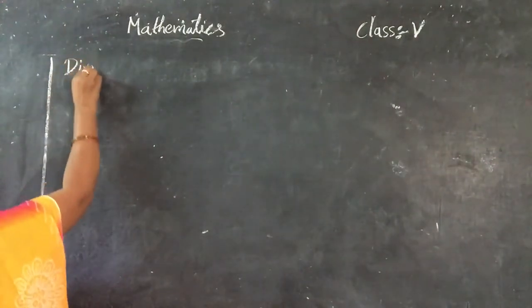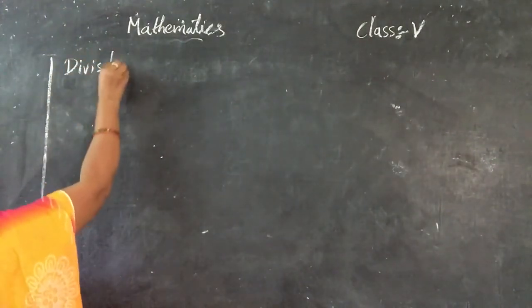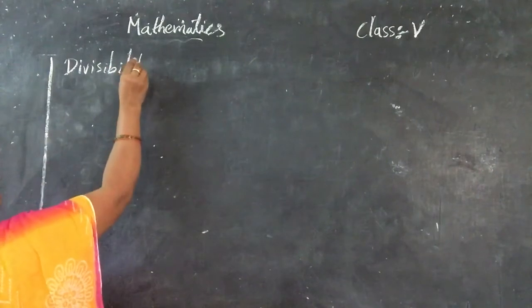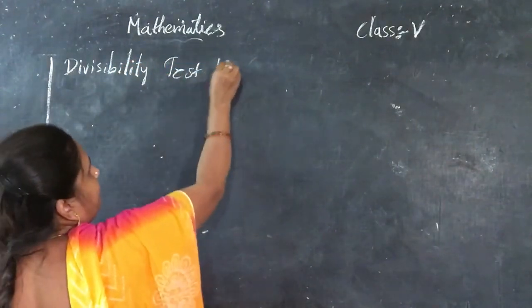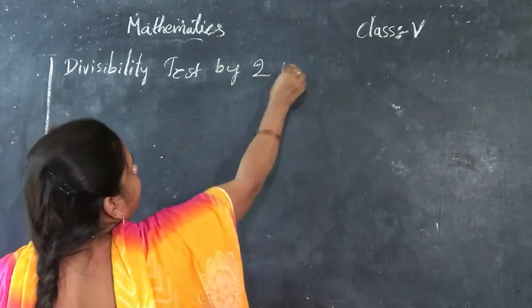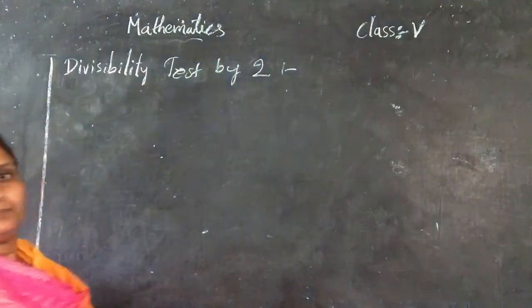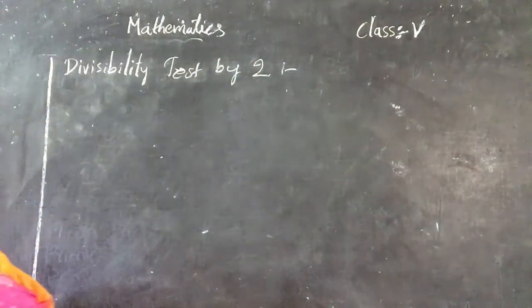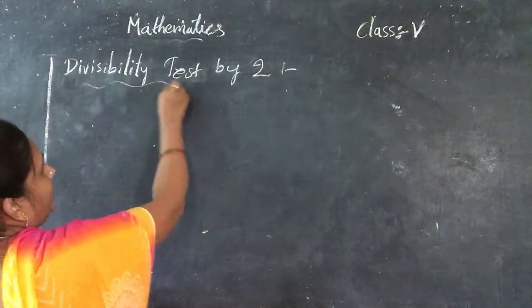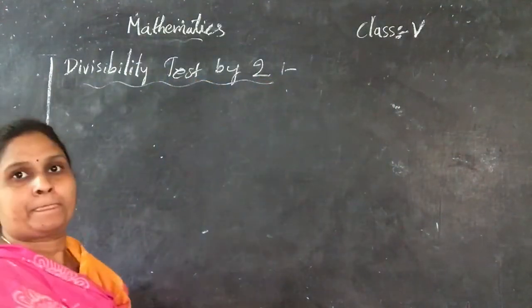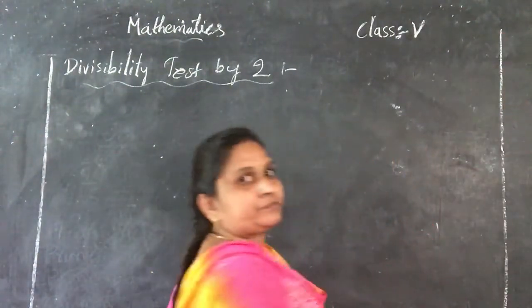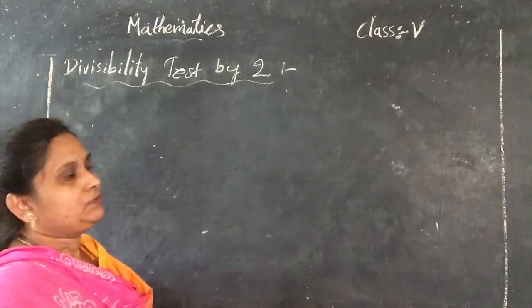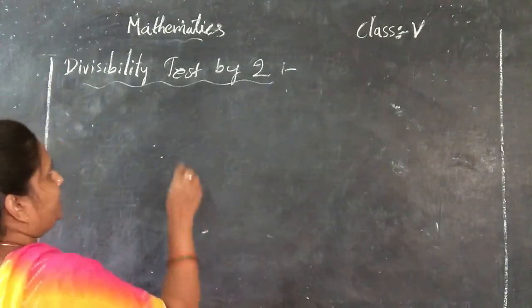Divisibility test by 2. Okay, divisibility test by 2, underline. Now write the rule.